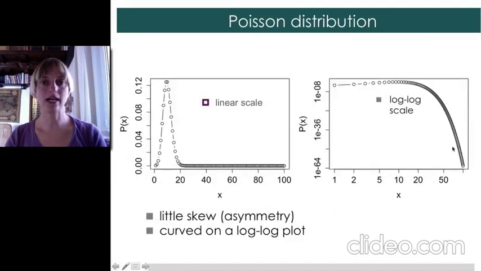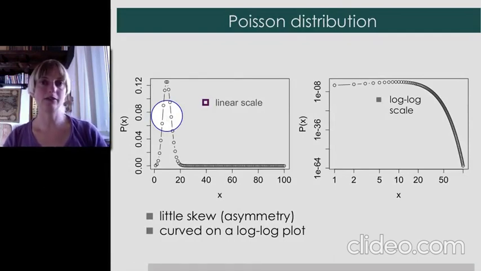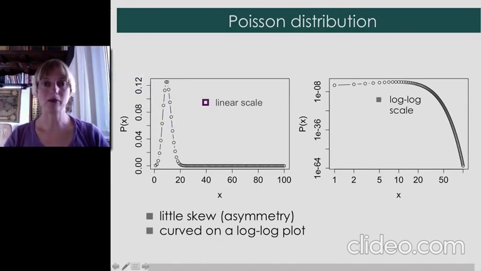We can contrast this with the Poisson distribution, which, if you remember, is the distribution that describes the degrees in an Erdős-Rényi random graph. Here I've even been generous and I made the average degree be 10. And now we might ask the same question: what is the probability that someone has degree 40? Well, on the linear scale, it looks like 0, like it did for the power law distribution.